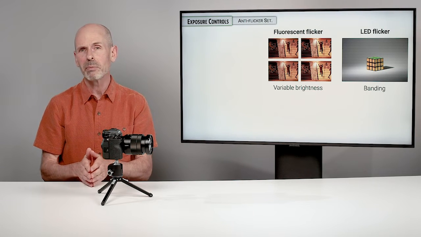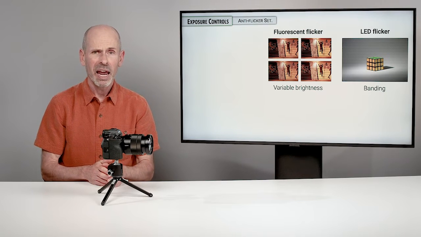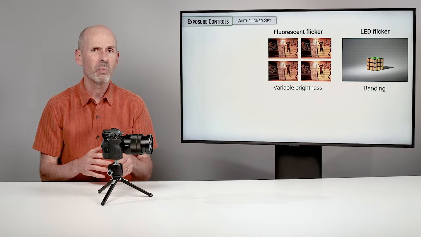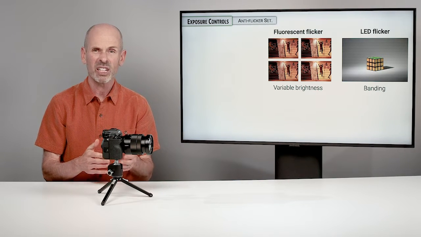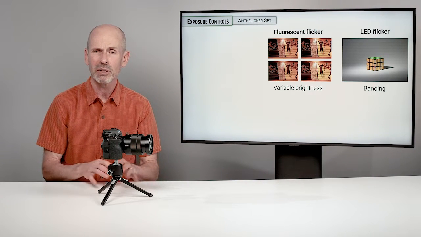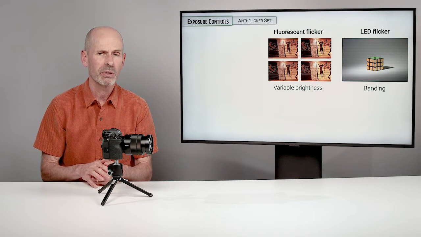Now, another type of problem is LED flicker. And this comes from LED lights. This is going to result in banding. And this is typically going to happen with an electronic shutter. And we'll get into the shutter a little bit later on. But you're going to see these lines going through your image.